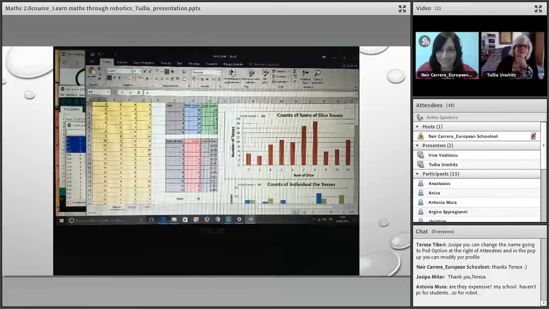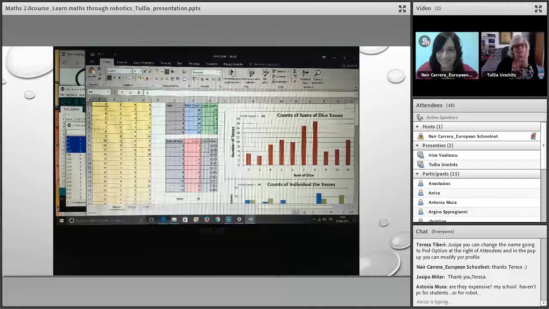On the left of the picture you see in yellow the numbers that are collected by the program each time that the digital dice are thrown. So we discussed and we discovered that we needed a lot of throws before having the right curve.